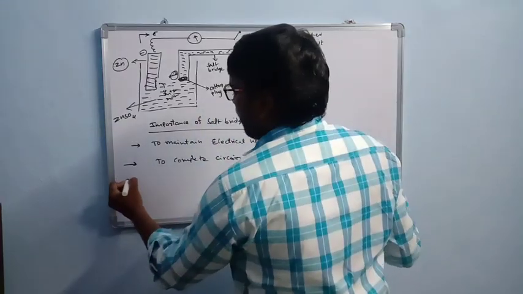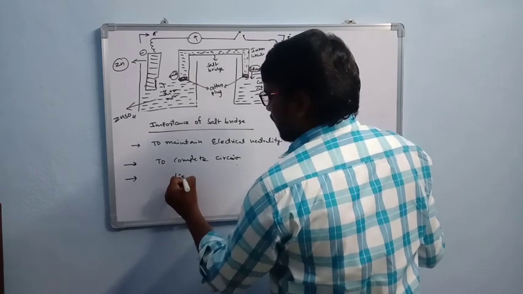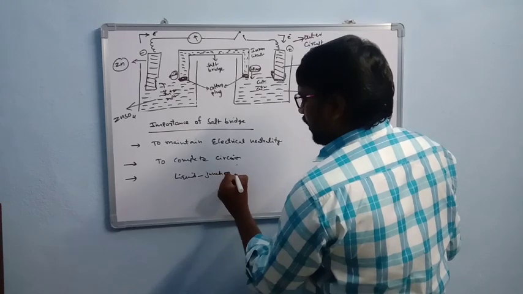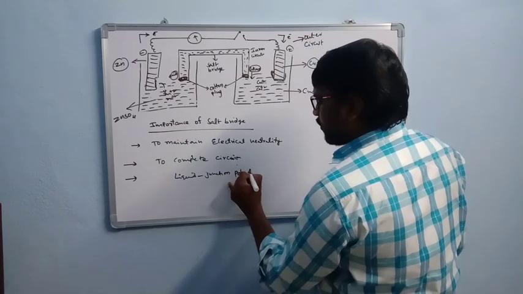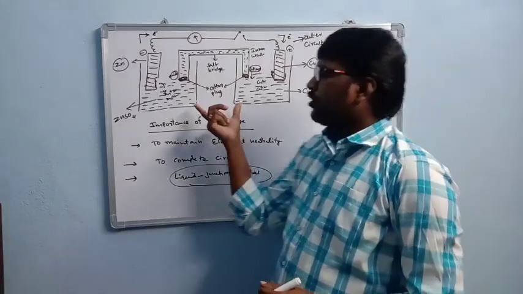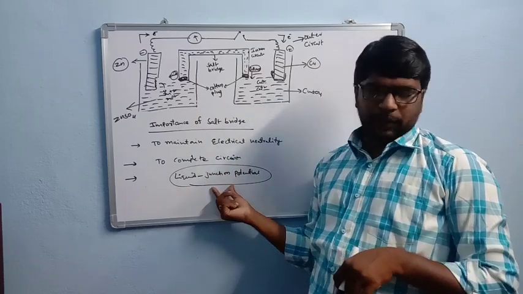Another importance of the salt bridge is to stop liquid junction potential. If these two electrolytes are directly combined, then liquid junction potential is present.